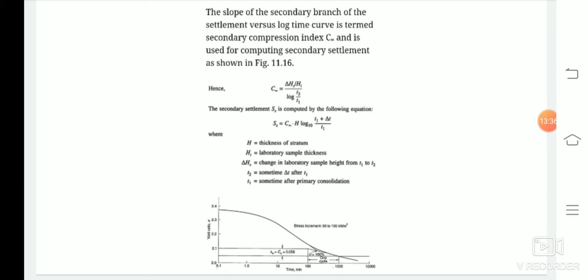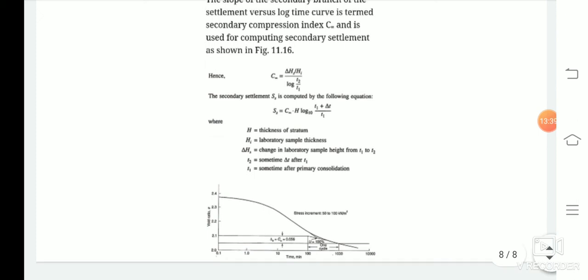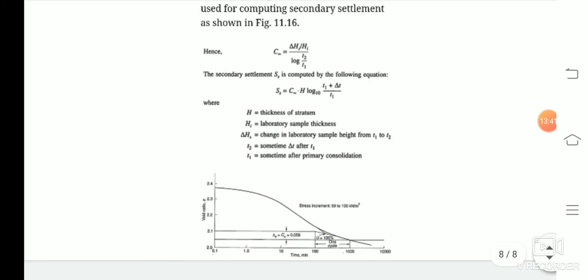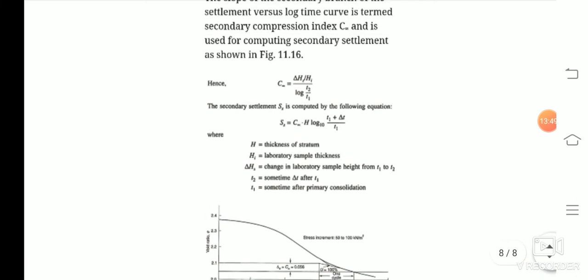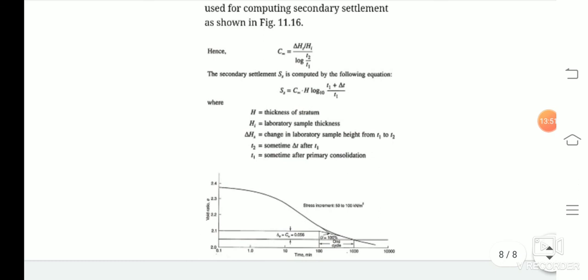This value is given by C alpha equals delta H by Hf divided by log of t2 by t1. So from this secondary compression index, we can easily find out the value of the secondary settlement.